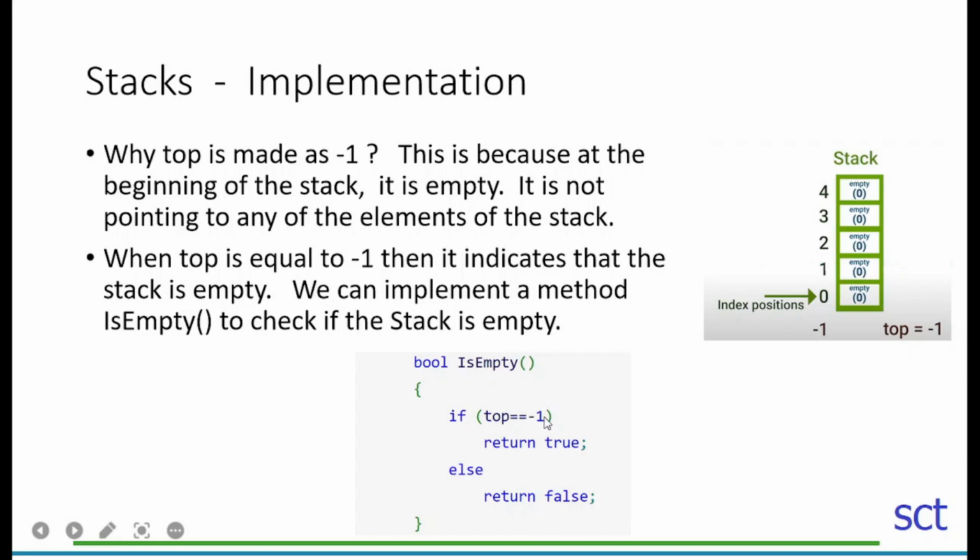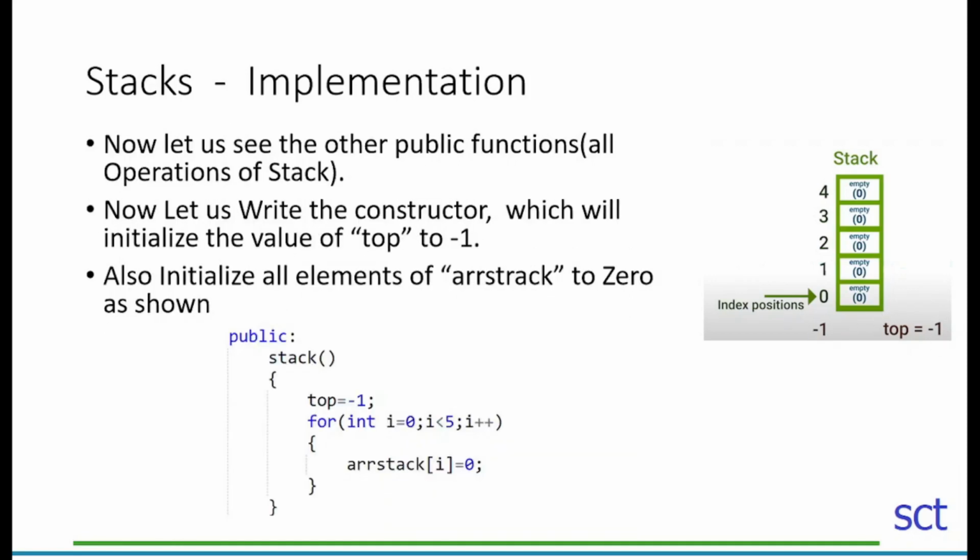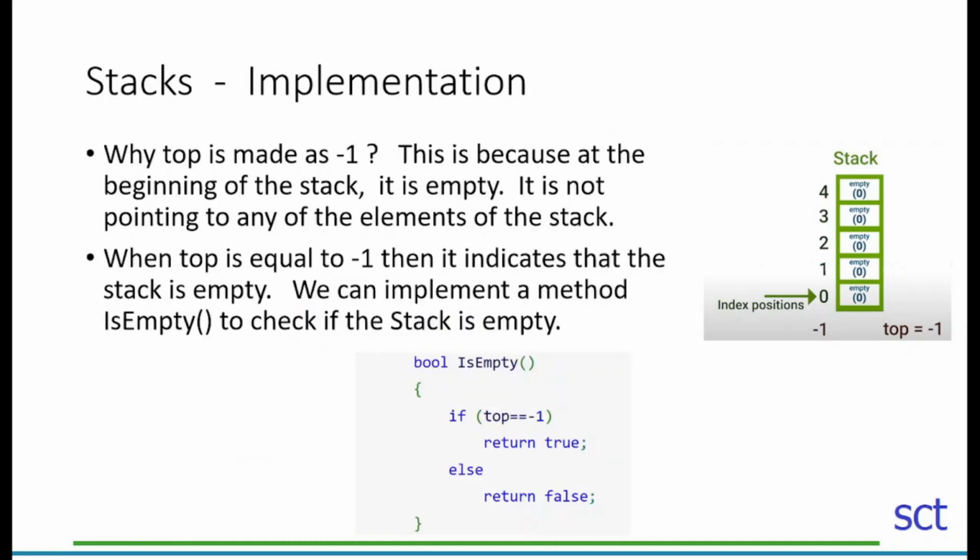the isEmpty function. Okay. As I have told you already in this slide, we have 5 elements in an array, and this array is going to be initialized to 0 here. All the elements are going to be 0 here, no values are available inside this particular stack. So you put top is equal to -1 here. So you have made top as -1 when the array is empty.